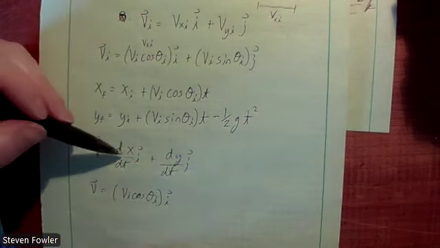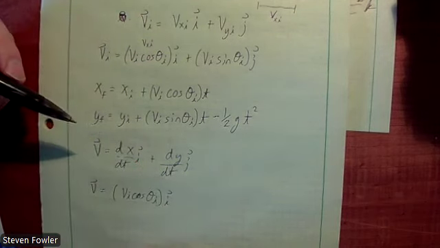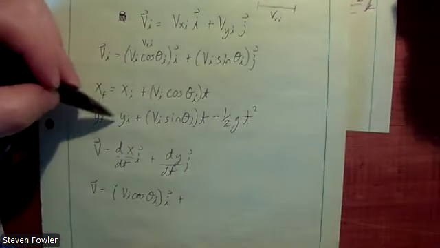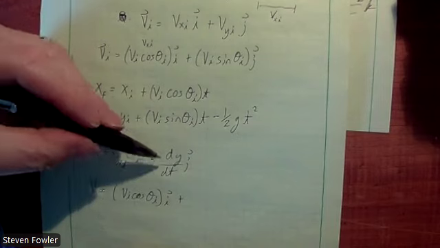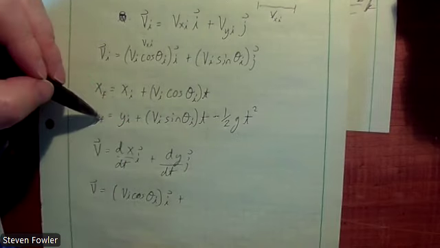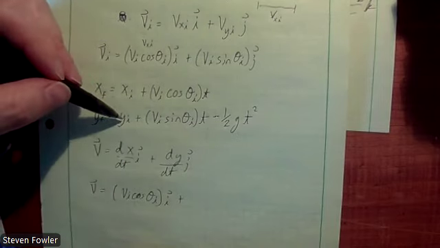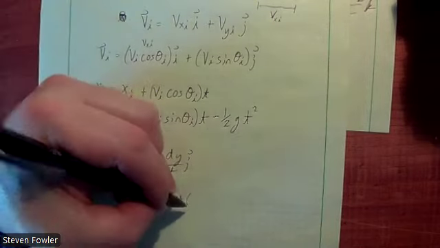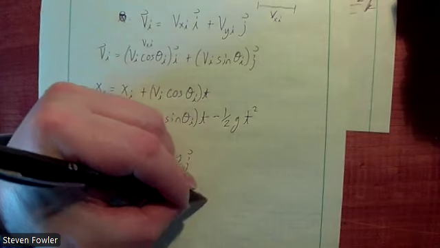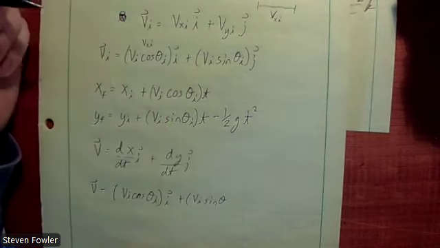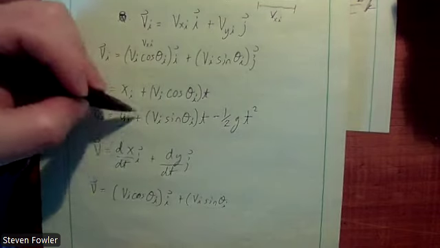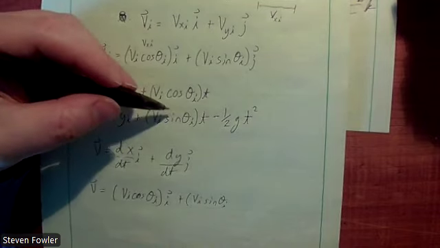That is the derivative of this function here. Plus, for the y direction velocity, I'm going to take the derivative of this y function. So this is constant, and the derivative of that is 0. The derivative of this is just going to be Vi sine theta I. So that's the derivative of this term with respect to time.